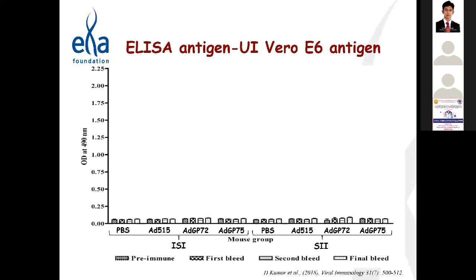When we used the uninfected Vero E6 lysate and tested the serum samples from the different mouse groups, all of these bars are very low. This was expected. All bleeds are looking similar in all the groups.